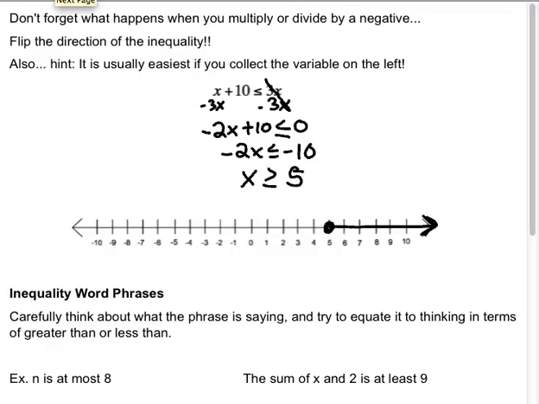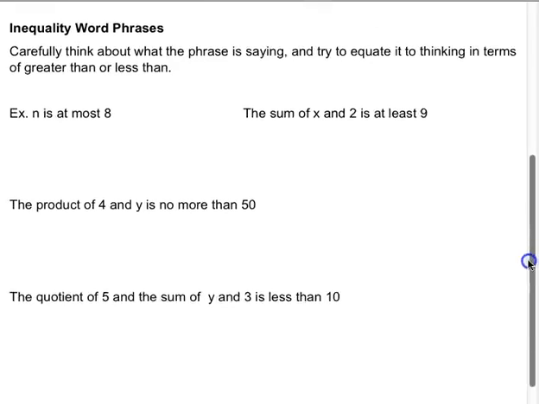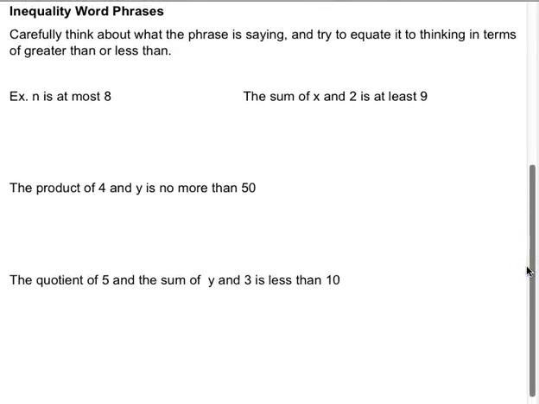So there's all the basics on solving and graphing inequalities. Now, another skill set you're going to want is inequality word phrases. Can you take statements and turn them into inequalities? We've practiced this with expressions and equations, so this should be a natural step. The thing you want to make sure you understand is equating it to thinking in terms of greater than or less than. So for example, n is at most 8.